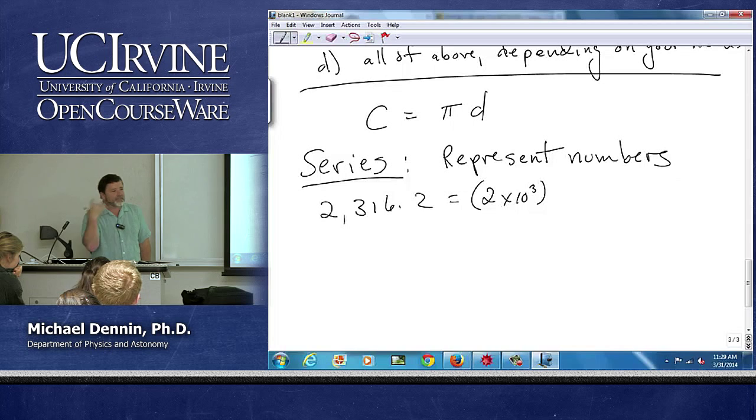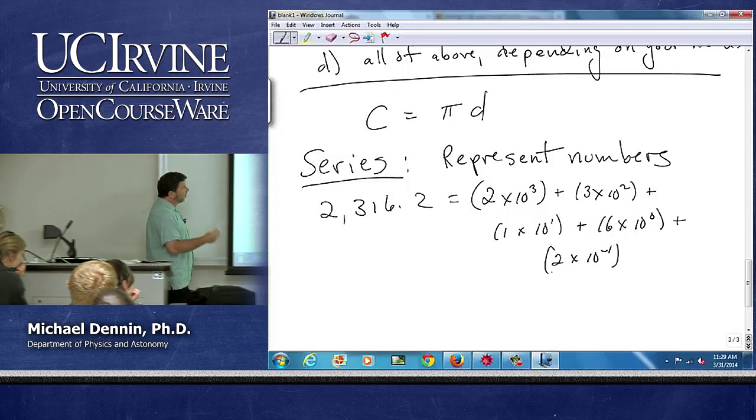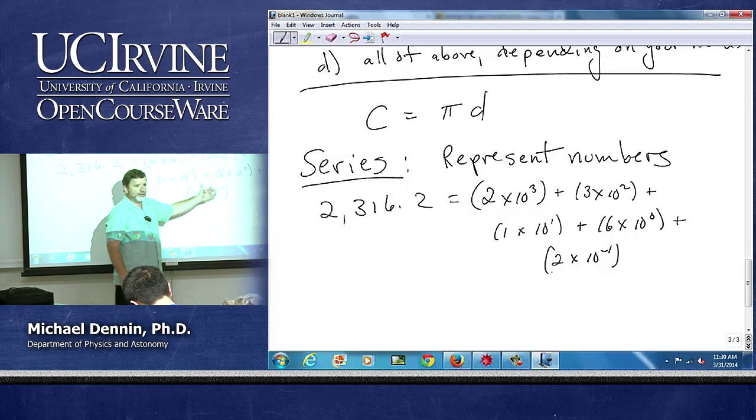This is an interactive exercise. Plus 3 times 10 squared, plus 1 times 10 to the 1, plus 6 times 10 to the 0, plus 2 times 10 to the -1. Perfect. Notice what I've just done is a series expansion in powers of 10.